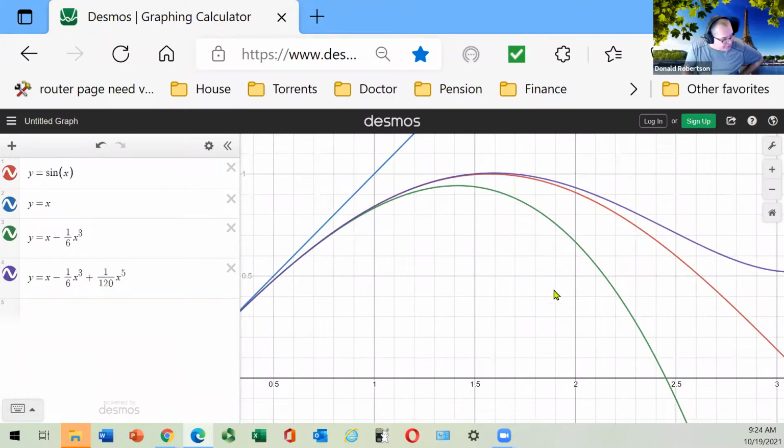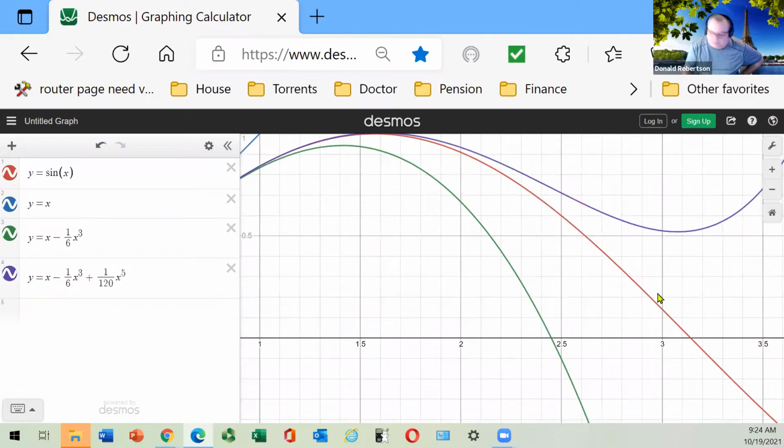Now, eventually, doesn't everybody drift? But if you do T to the 20, which I'm not going to do, can you trust me, it does a couple of cycles before it drifts? And T to 1,000,000 would go a really, really long way before it drifts. So, have we convinced you that these Taylor polynomials do a good job of being similar to sine x?